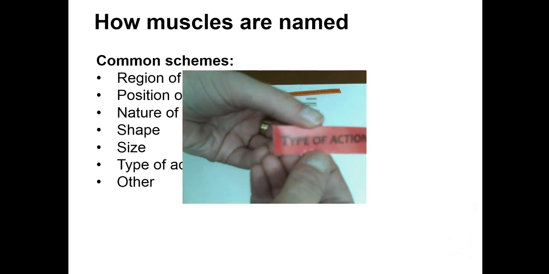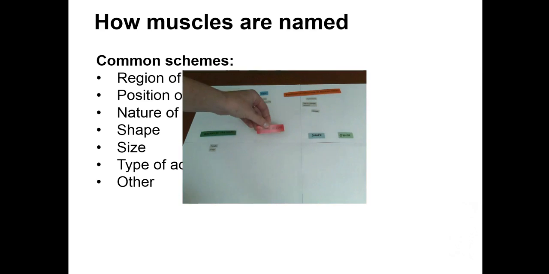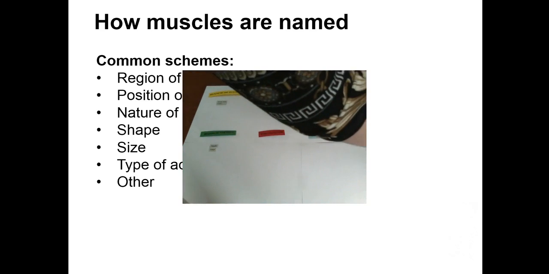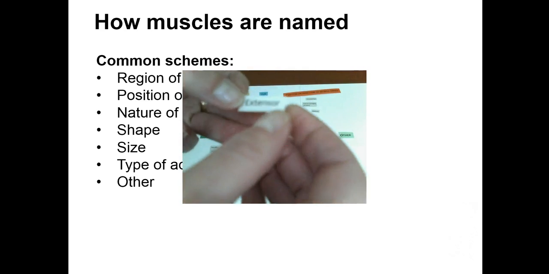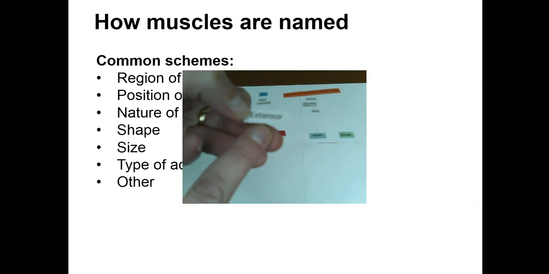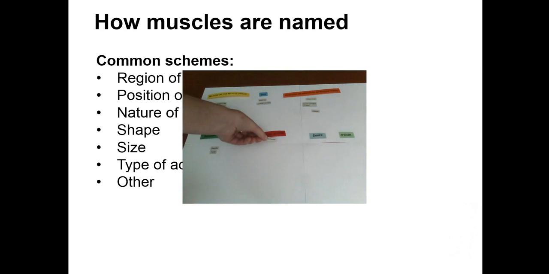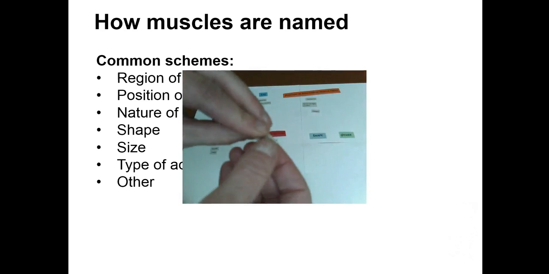Now another category we have here is going to be type of action. So, for example, if you have a muscle and in its name is extensor, that means that's what the muscle's doing. It's extending something, extensor. So we put that as a type of action. Let's look at another one here.